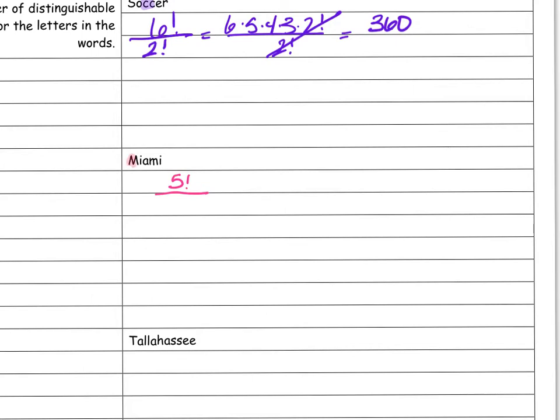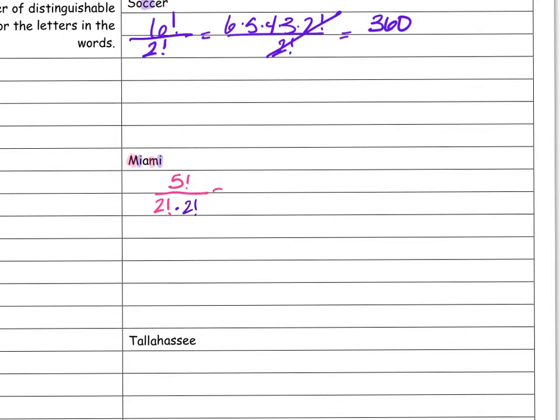I have an M here, and that's repeated twice, so I've got 2 factorial. And then I've got an I, and I've got 2 I's, so that's times 2 factorial. There are no other letters repeated because I only have 1 letter left.